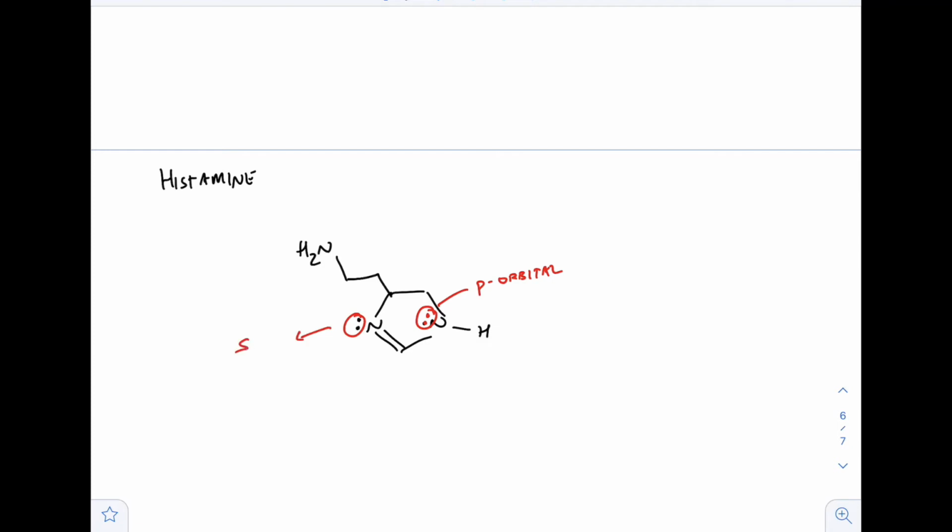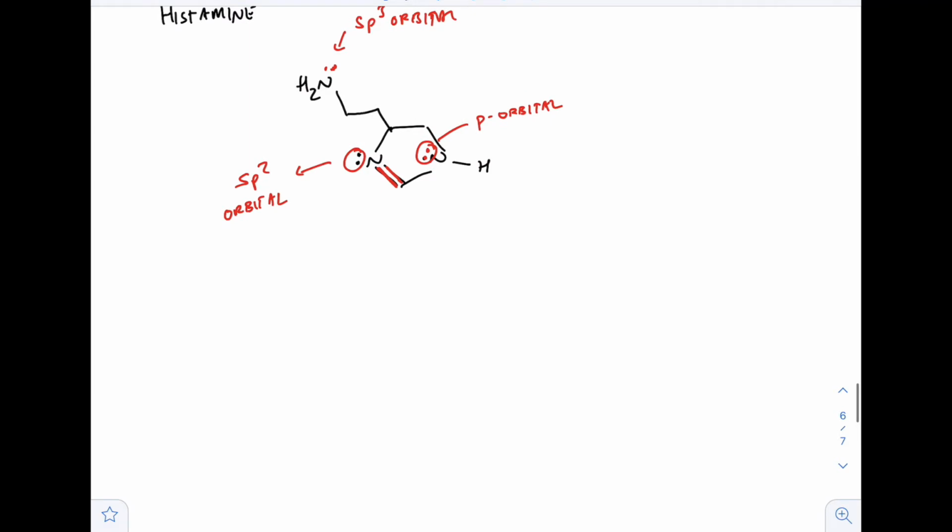And this lone pair over here is in an sp2 orbital, because that nitrogen is sp2 hybridized and this already has a pi bond. So that p orbital is occupied, and therefore that lone pair must reside in an sp2 hybridized orbital. The other lone pair resides in an sp3 orbital, and it can't change because there's nowhere it can participate in resonance.